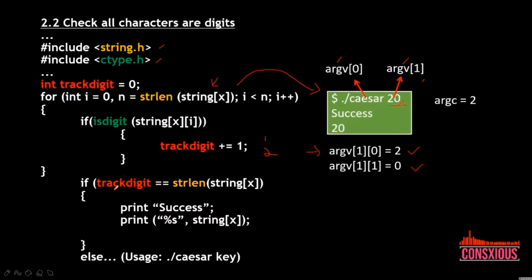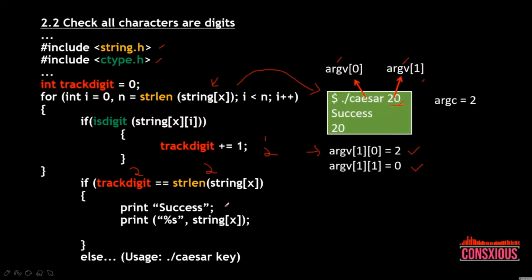So imagine once we loop through all of these, we get the track digit equal to 2, so we put a 2 here. If this track digit is equal to the string length of this string, and this string length is actually 2 because there are two numbers here, we can already conclude that the string inside contains digits only.